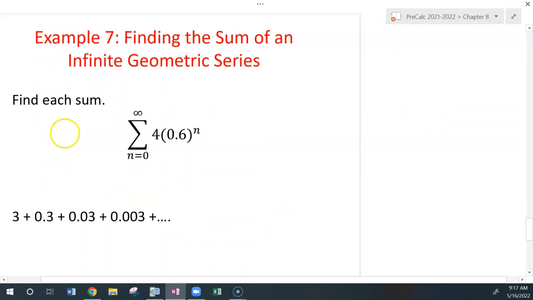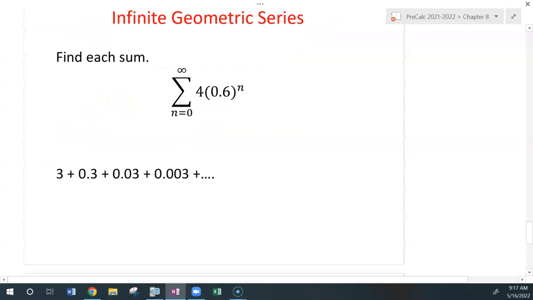All right. Now the next thing we're going to do is find the sum of a geometric series, but this time it's infinite. So notice we're going up to infinity. We're not going to stop at a specific number. And we have another formula for that one. This one's actually easier to use than the last formula. I'm going to write it here for you. So for an infinite series, when you're indexing from 0 to infinity, notice we're starting at 0 instead of 1.